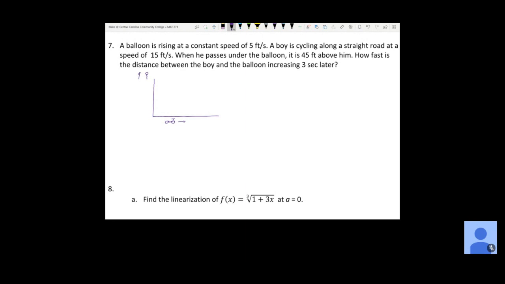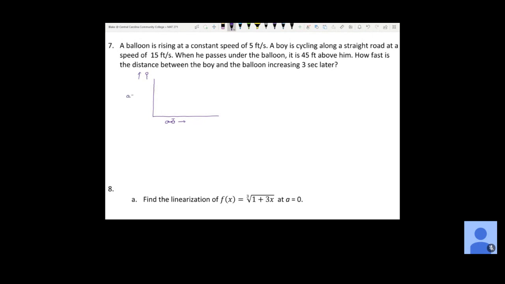Right, now let's think about the information that's given. What do we know? All right, so we know something about dA/dt and dB/dt, right? Because we know the rates of each of those things, right?